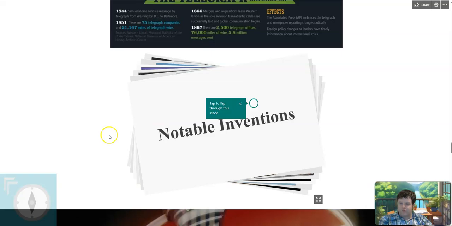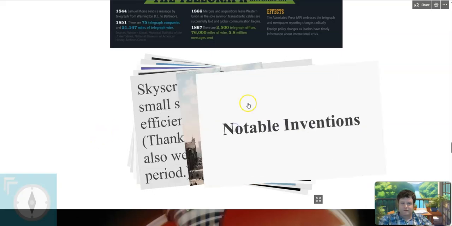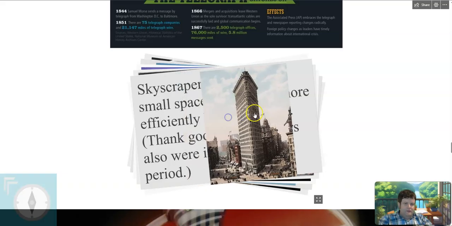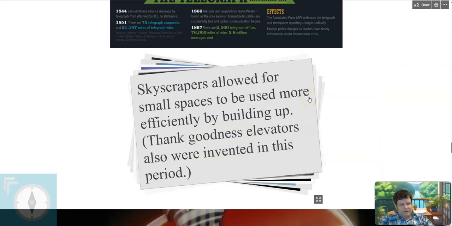Let's take a look at some notable inventions here. Skyscrapers. The idea behind the skyscraper is it allows you to use a small space more efficiently. Instead of building out, you build up. Thankfully, elevators were invented around this time as well. This is why a lot of cities developed a big skyline with big skyscrapers, because you need to be able to pack a lot of people efficiently.